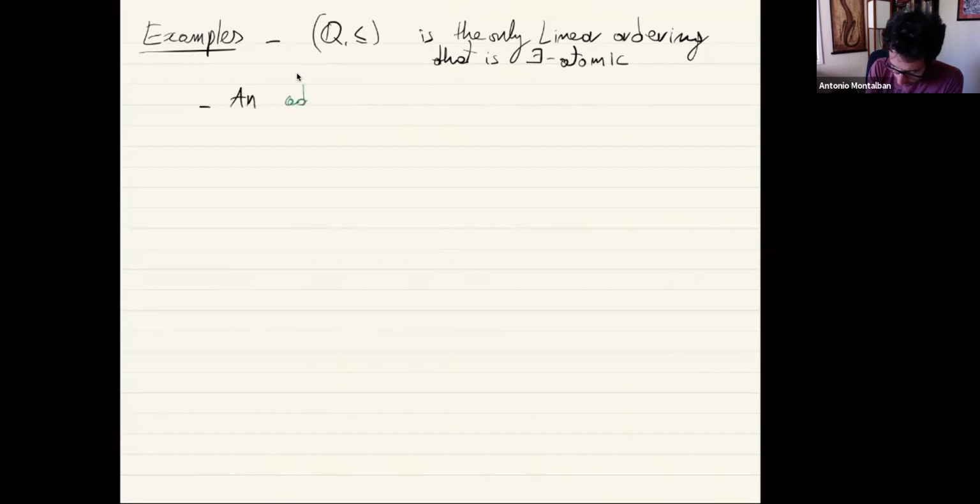An adjacency linear order, which is going to be of the form L, less than or equal to, a domain L, an ordering, and an adjacency relation.